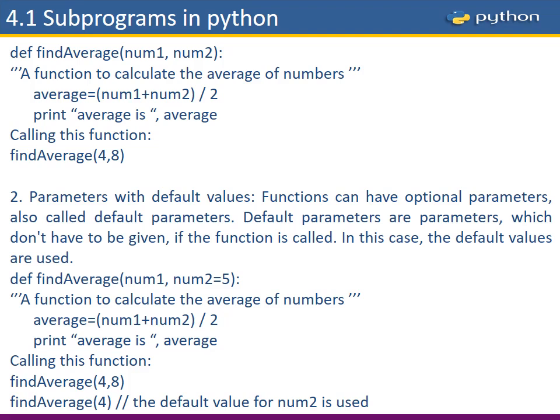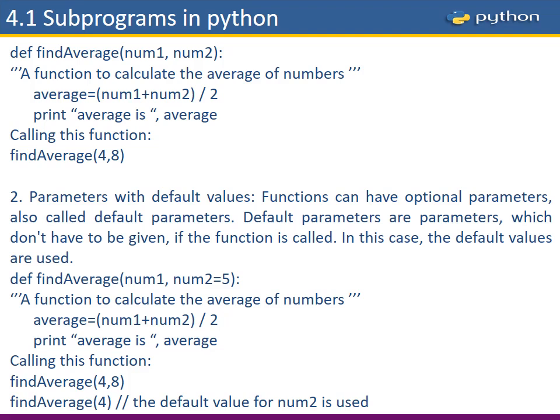So we have def find_average(num1, num2), starting with the triple quote, a function to calculate the average of numbers, which is a string as a block of code. The average is number 1 plus number 2 divided by 2. Then print the output, display the average.